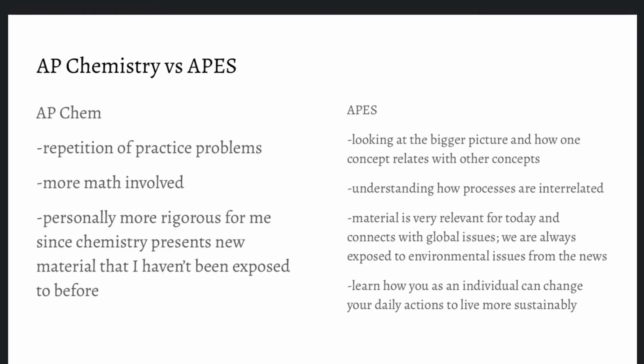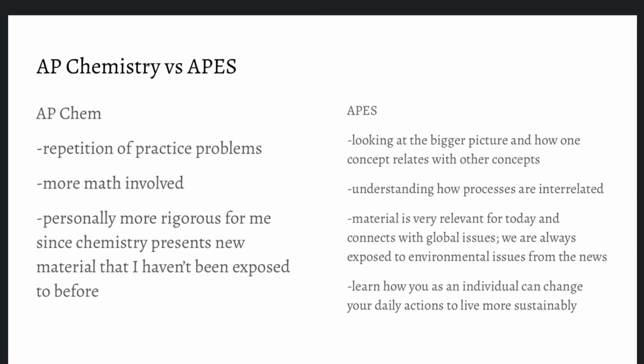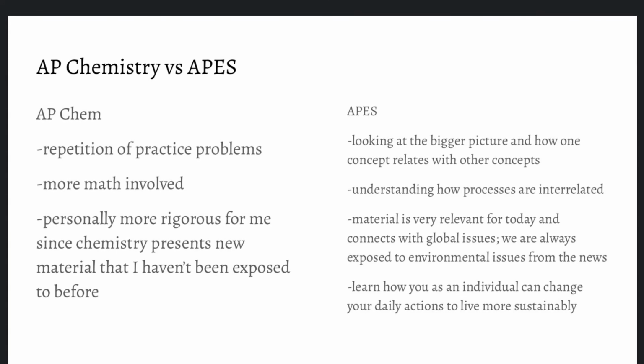When contrasting AP Chemistry and APES, AP Chem definitely has more repetition of practice problems and is more math involved. APES is about looking at the bigger picture and how one concept relates with other concepts, so it is definitely more conceptual. And APES is about understanding how processes are interrelated.